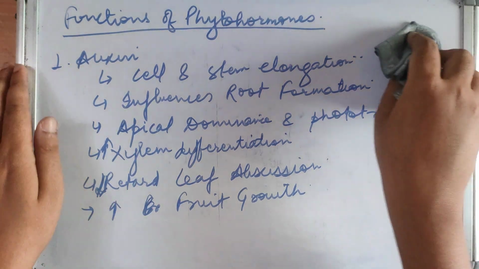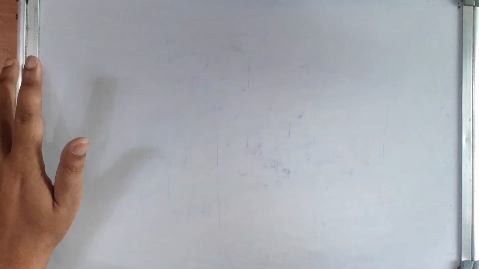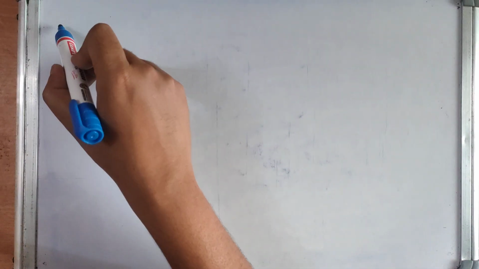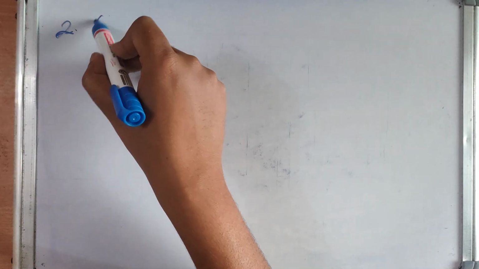Now moving on to number 2, that is gibberellin. We will discuss gibberellin in detail because it has been asked many times. Gibberellin is one of the favorite questions from this topic by UPSC in agriculture optional. So I will discuss it in detail.